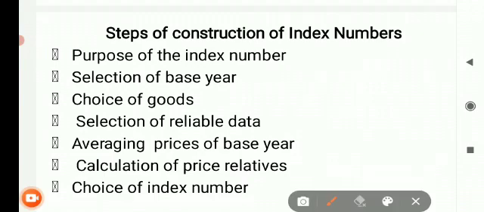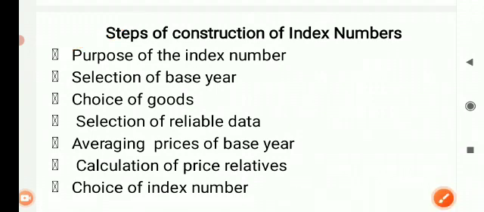First step is the purpose of the index number. Okay, what is the purpose of the index number? If we are going to find out the index number of a particular commodity, for example a product, first we have to take into account the base year price, which is always equal to 100.